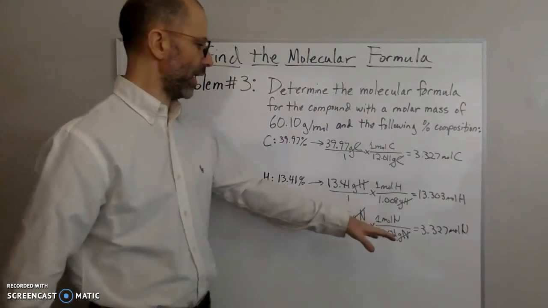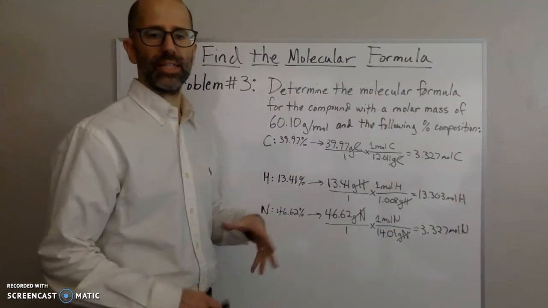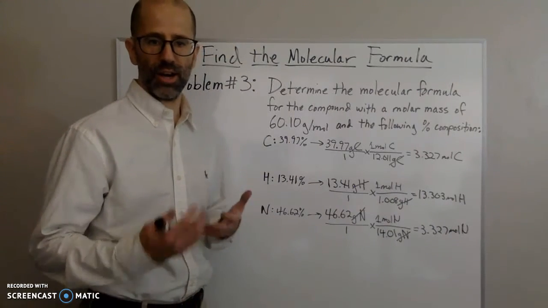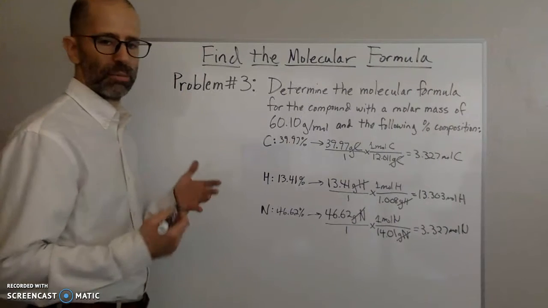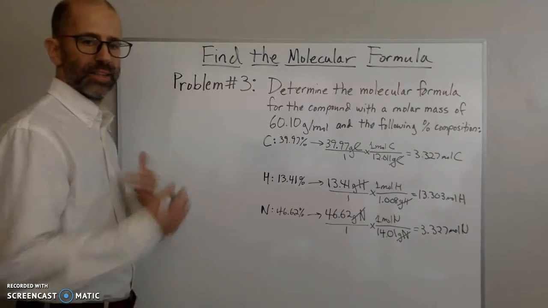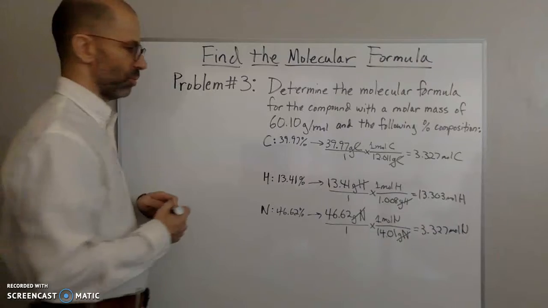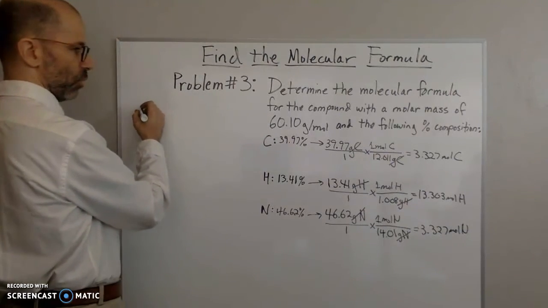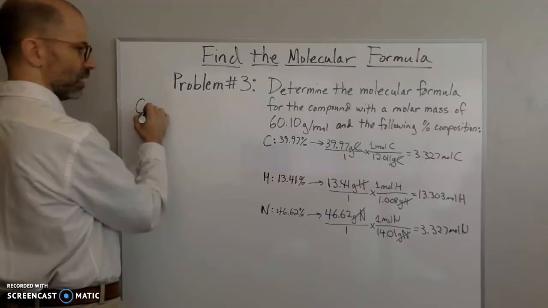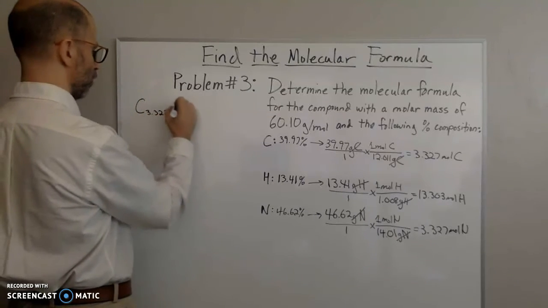Okay, so now I have the moles of each one. So now I can set up my pseudo formula. My formula, like any chemical formula, is going to have the moles of each element in the formula. I calculated the moles, so I'm going to put in the moles for my formula. So C is 3.327.